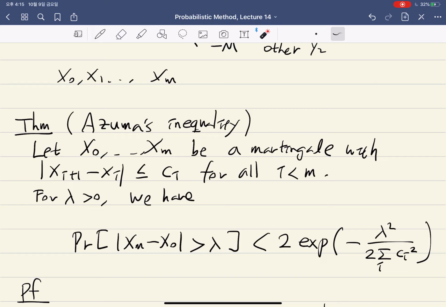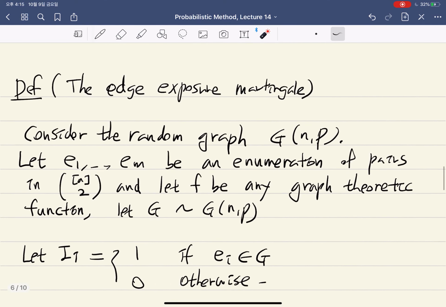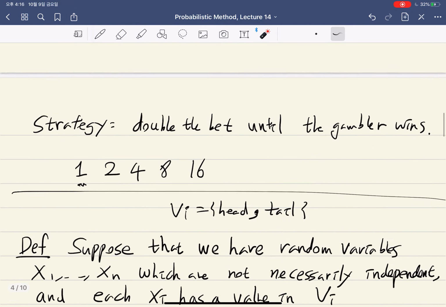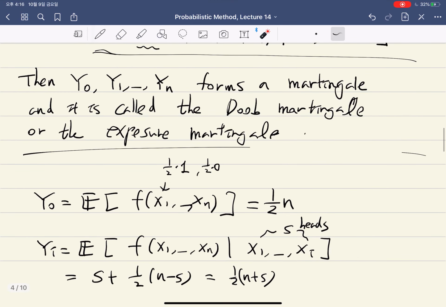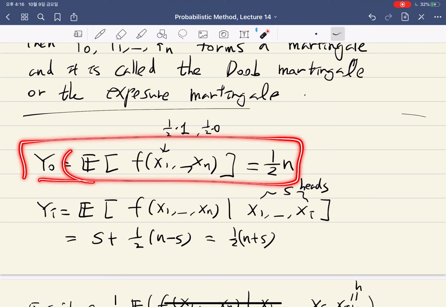When we consider this as an exposure martingale, for example, if you consider the coin flipping example, and each time you flip a coin, then in your process, the number of heads changes by at most 1. But your martingale is not that. Your martingale is the expected number of heads conditioning on the previous ones.